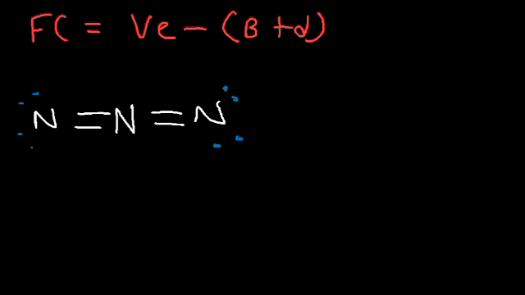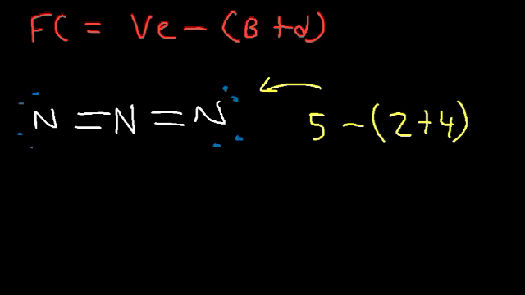So let's start with the nitrogen on the right side, which is the same as the one on the left side. So nitrogen naturally has 5 valence electrons. It's in group 5A of the periodic table. And in the structure, it has 2 bonds and 4 dots. So 5 minus 6 is -1. So the nitrogens at the end have a -1 formal charge.